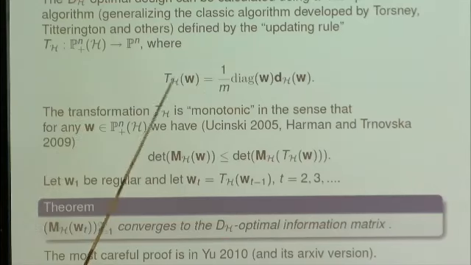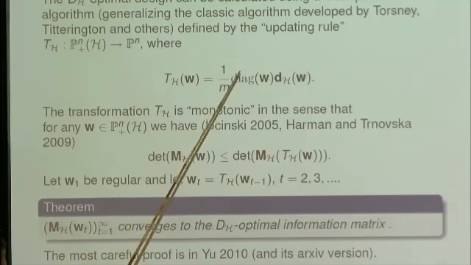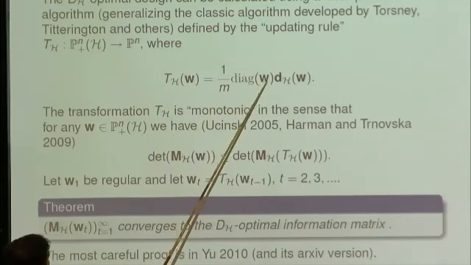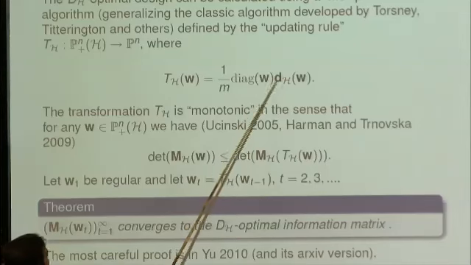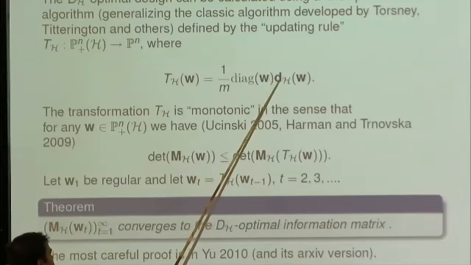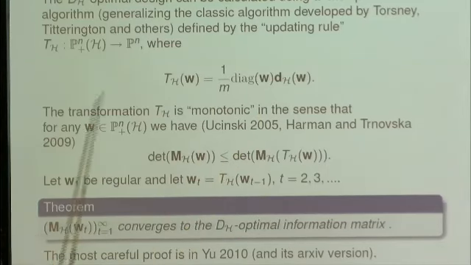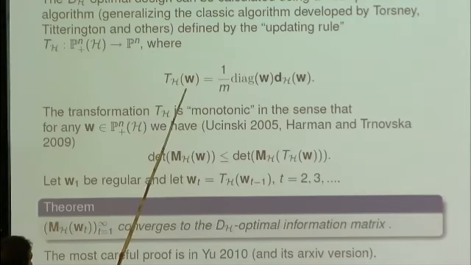So the X component, say, of the new vector of weights is just a multiple of the X component of the previous weight and the corresponding value of the variance function divided by m. It can be shown that this transformation keeps the constraint that it sums to 1.